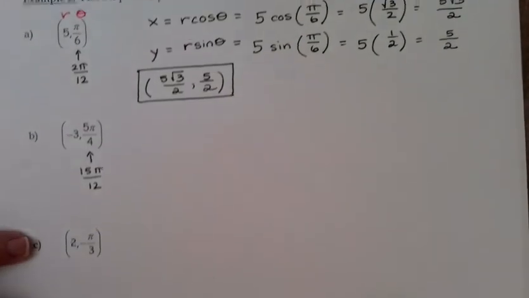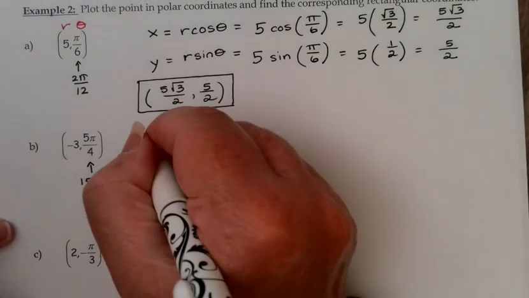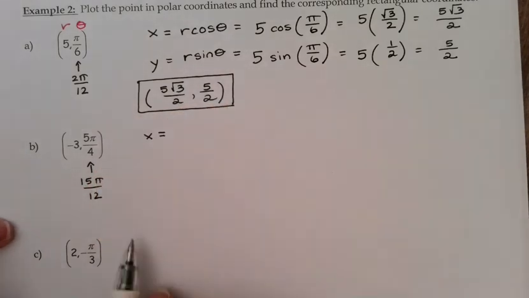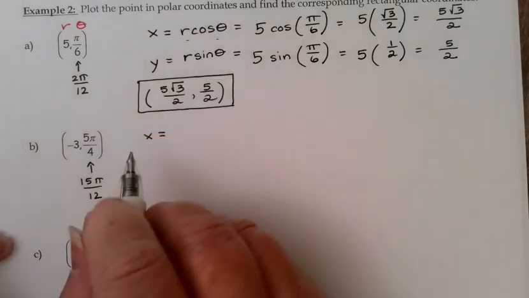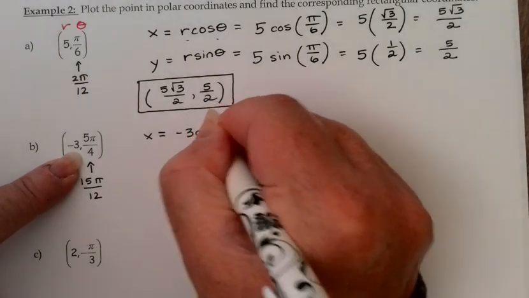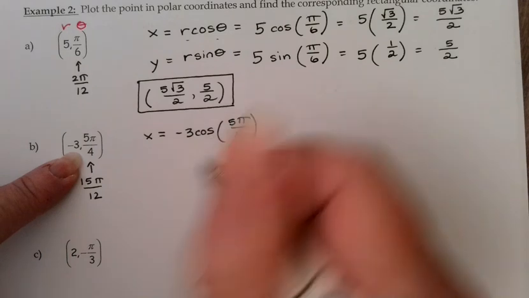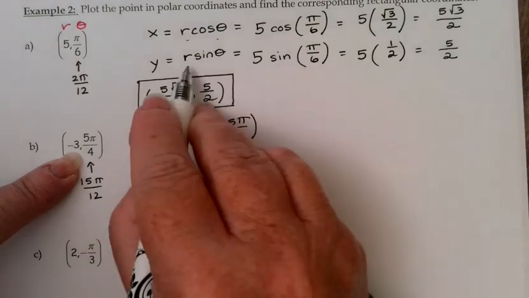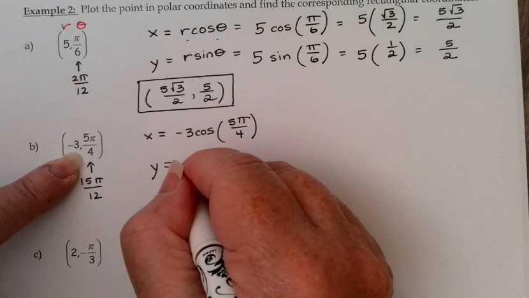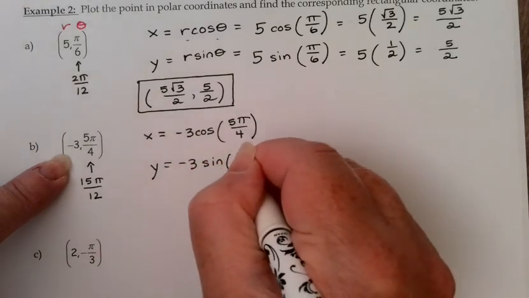All right, I'm going to use the exact same equations to convert to rectangular coordinates. So x would be r cosine theta. That would be -3 cosine 5 pi over 4. And y is r sine theta. That would be -3 sine 5 pi over 4.